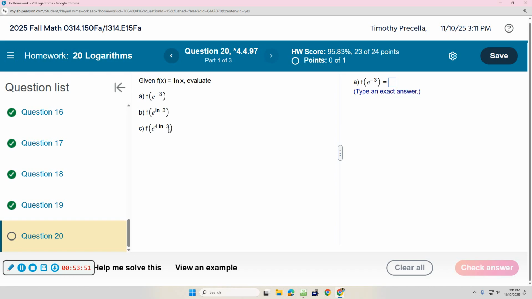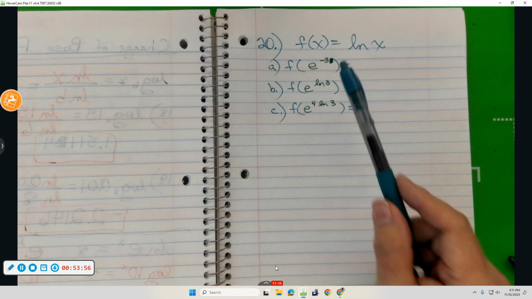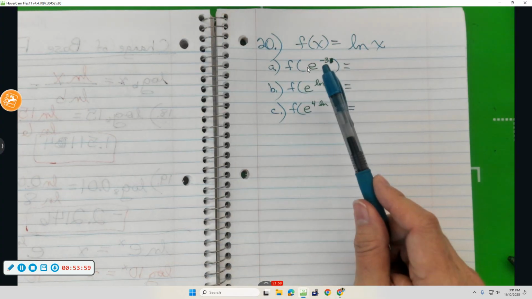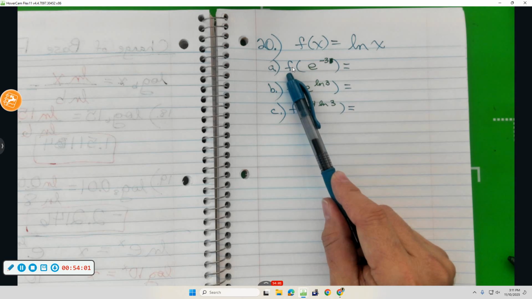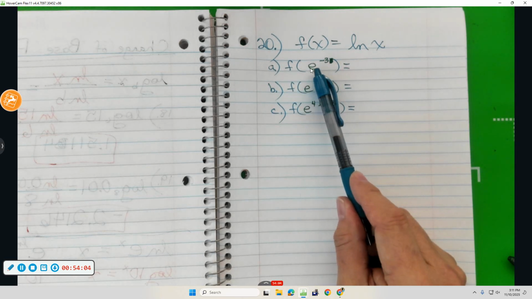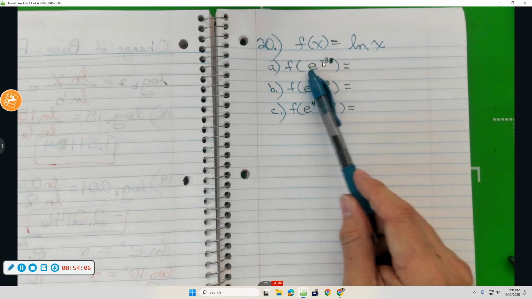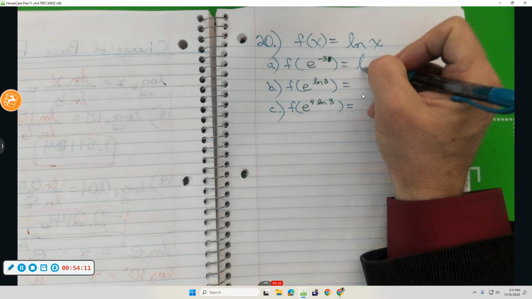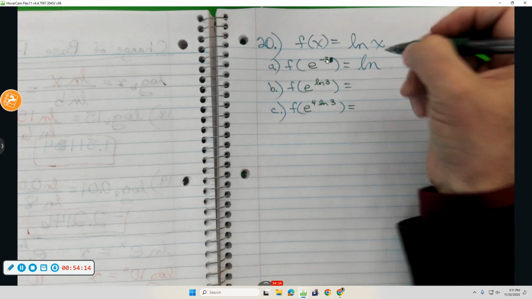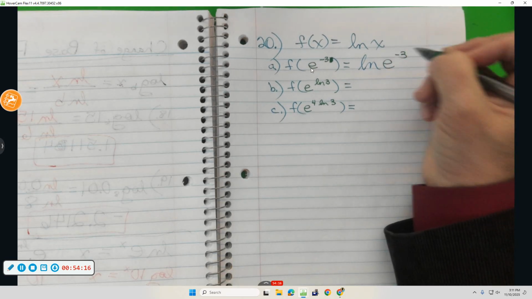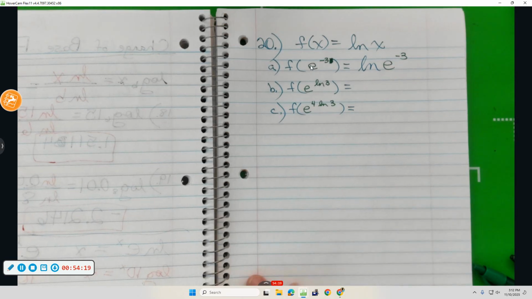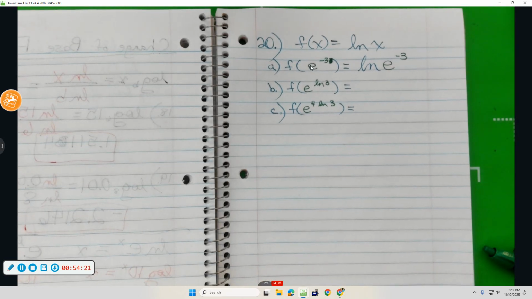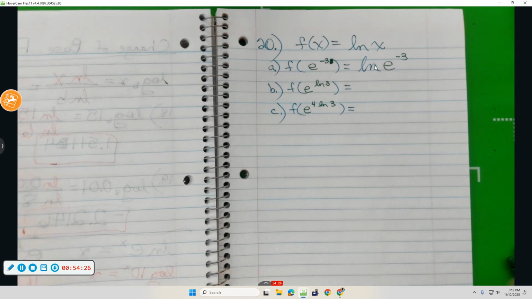This problem makes some good points here. We know how function notation works. This says go to your function f, and wherever you see a variable, replace it with, in this case, e to the negative 3. So we're going to come up here and replace that x with e to the negative 3. How would y'all draw the line to show what's canceling out? Show them your rule.